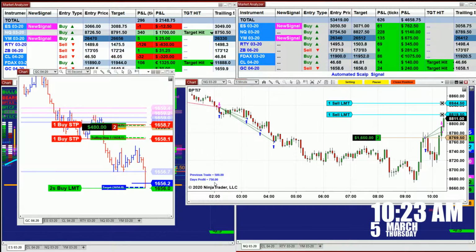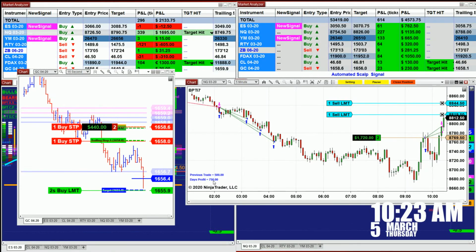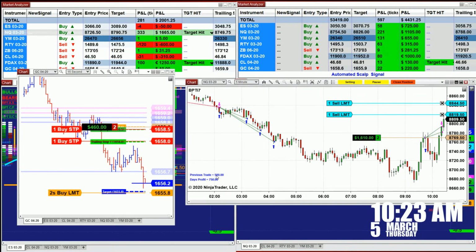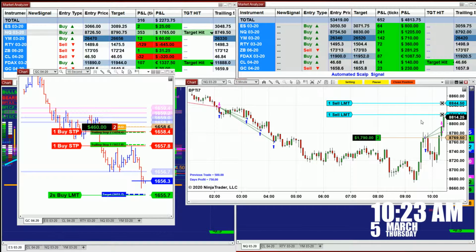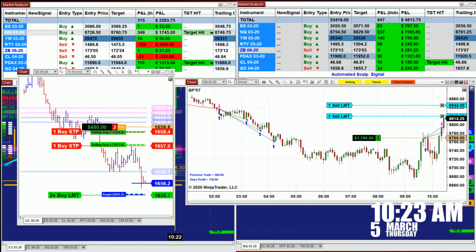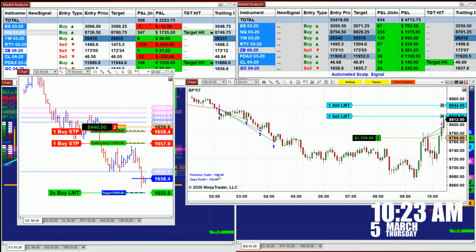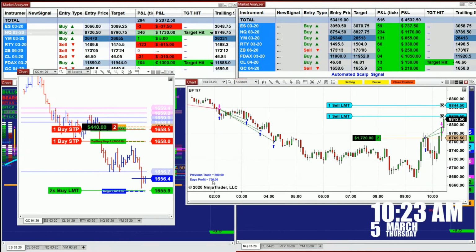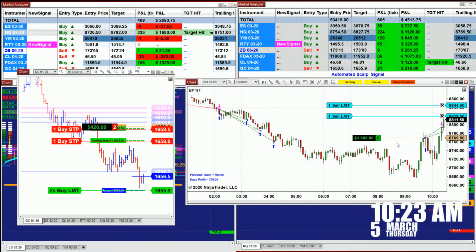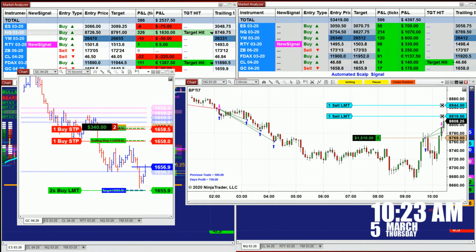On the first trade, as you see, it was 250, and the previous trade was 500. So we have already nailed 750 on the trade, and now we are going to close the third one. So the last trade was 500, and the first trade was 250. So we are up to 750 on that trade with the Nasdaq.